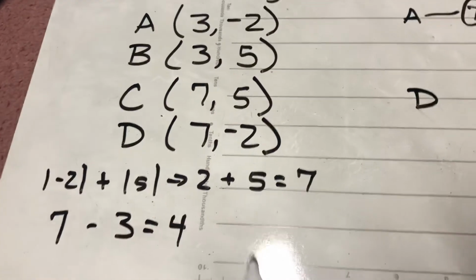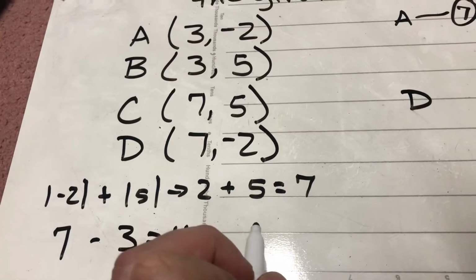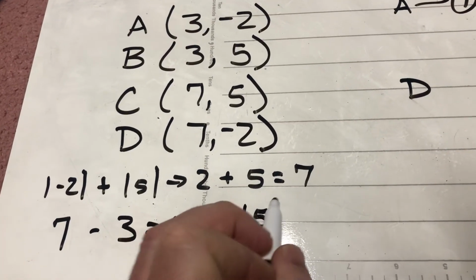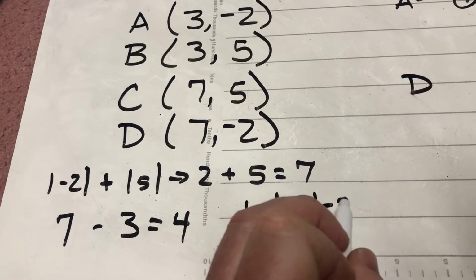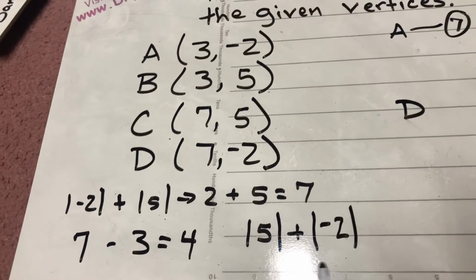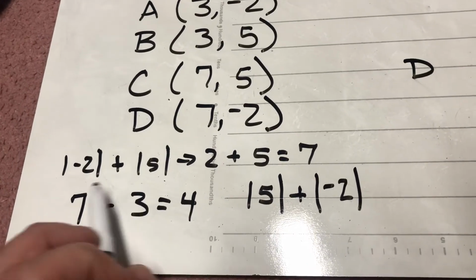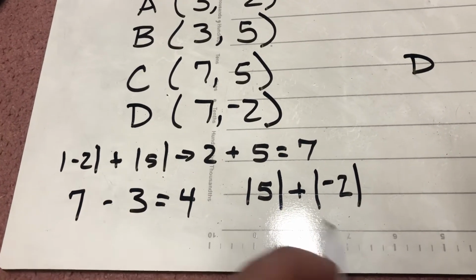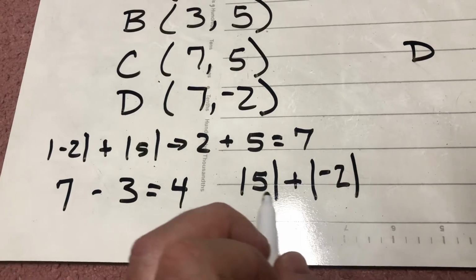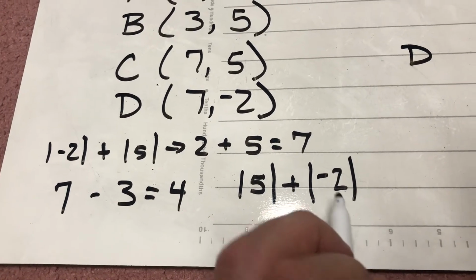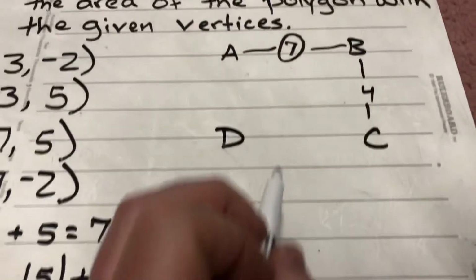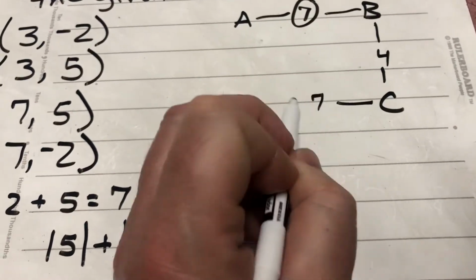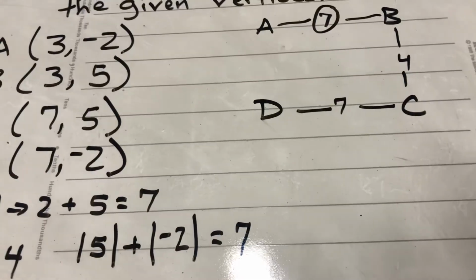So it's the 7 that's the same, so I'm going to be taking the absolute value of 5, and I'm going to be adding the absolute value of -2, and I'm seeing a similarity between what I did right here, just the numbers are flip-flopped. Well, I know that that's essentially going to be 5 plus 2, because that's 2 away from 0. So that's going to give me 7, which means that that's 7 between C and D.